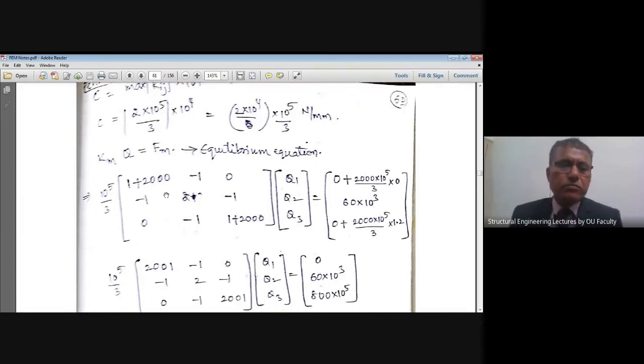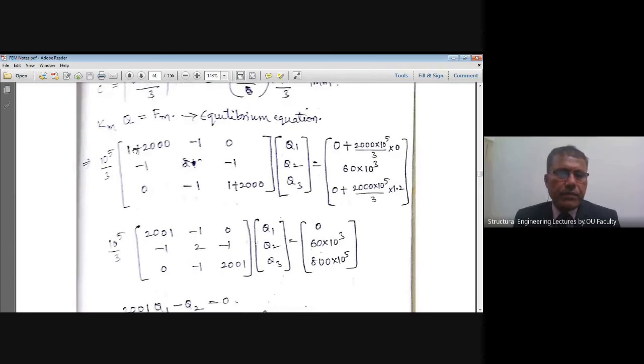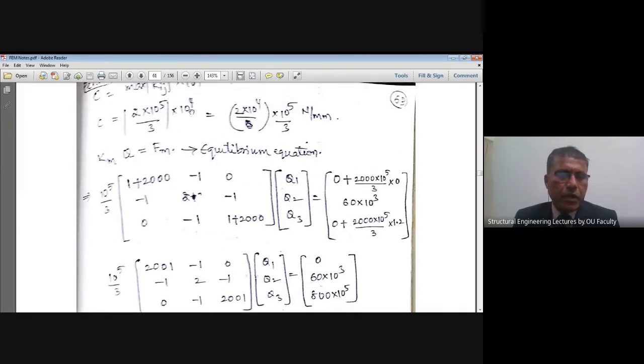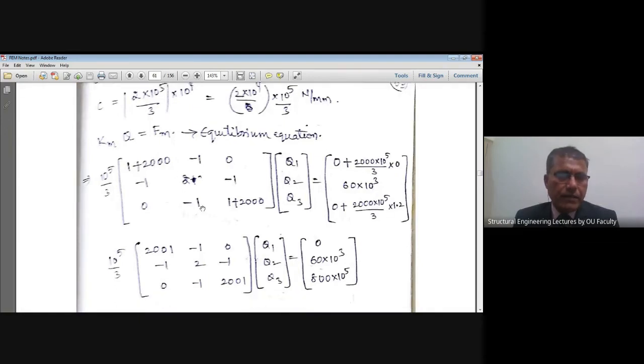That is how K is modified using the penalty approach along the specified degrees of freedom of the boundary condition. I am adding 200 power 4, that is 20,000, here.